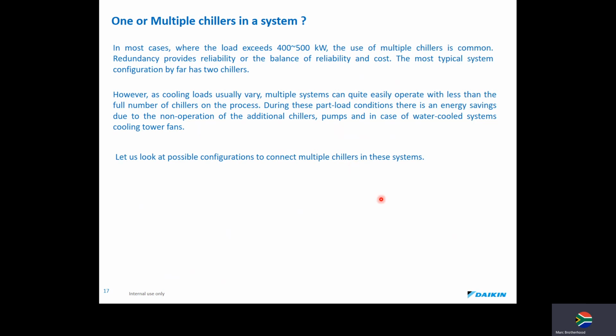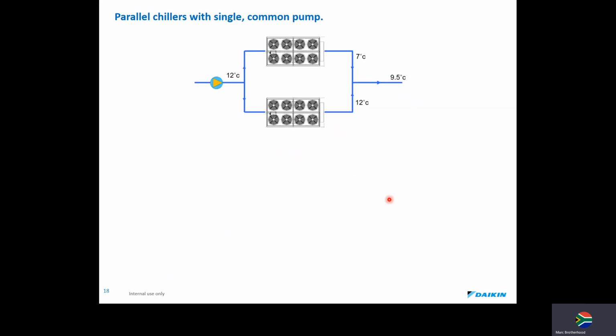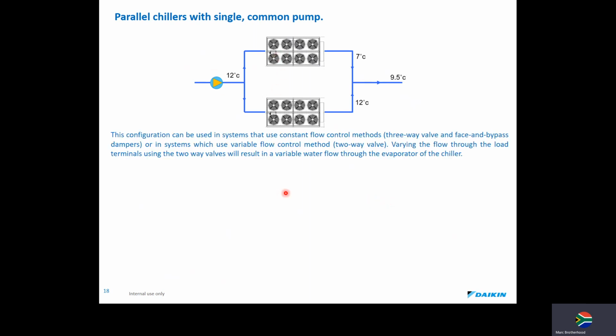Let's look at some possible configurations to connect multiple chillers in these different systems. So let's look at this simple design here: 2 chillers in parallel with only 1 pump.